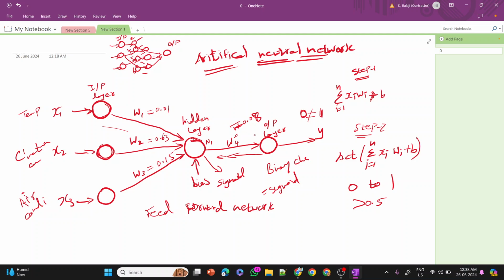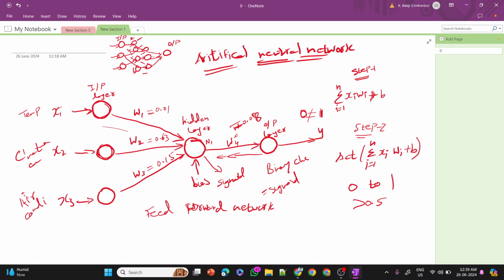Like this, whenever the actual output and predicted output are not the same, a cost function is calculated, then by back propagation each weight is updated, and then the feed forward calculation happens again.